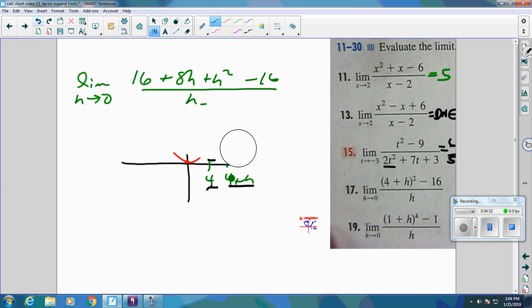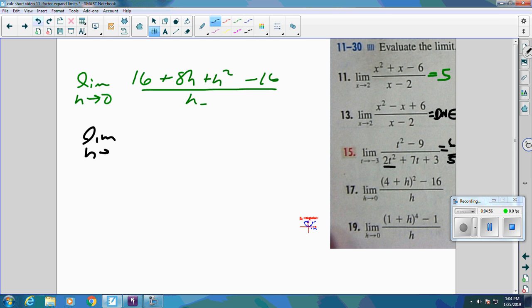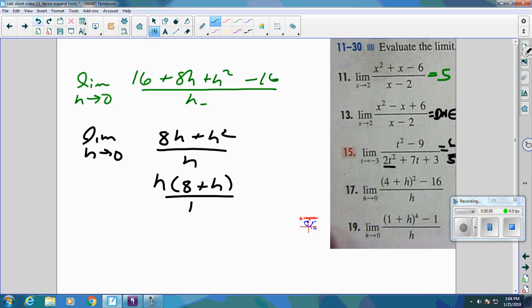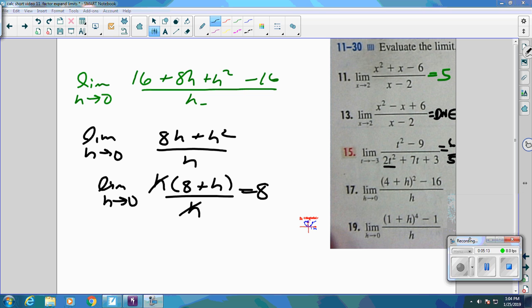What that looks like for all intents and purposes here is simply this. The limit then changes to this. Now h is common. You could factor an h out, and when this h cancels, now we can input it. The answer to this problem is 8.